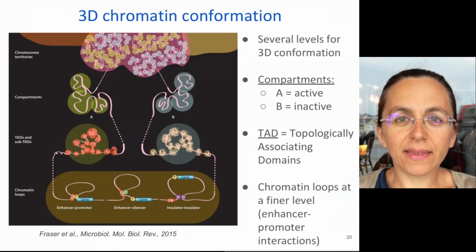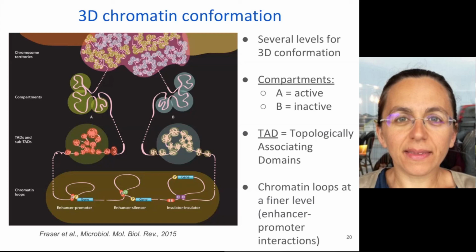So on slide 20, I put here a plot that I took from the review at the bottom to represent the different levels of compaction of the chromatin in the nucleus. You have first the chromosome territories, and then inside these chromosome territories, you have the compartments, A for active, B for inactive. In active ones, you have genes that are more expressed, more accessible regions.